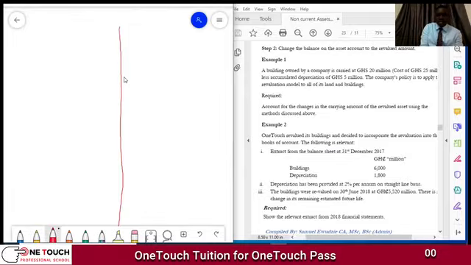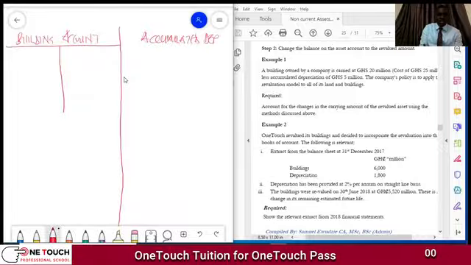We have the building account. We have the accumulated depreciation account.